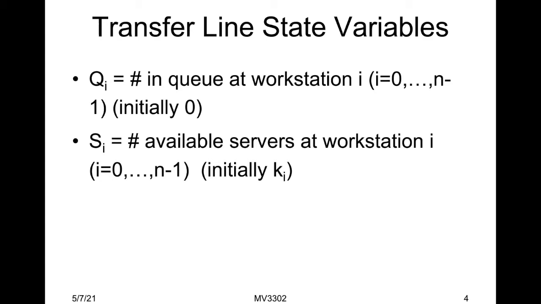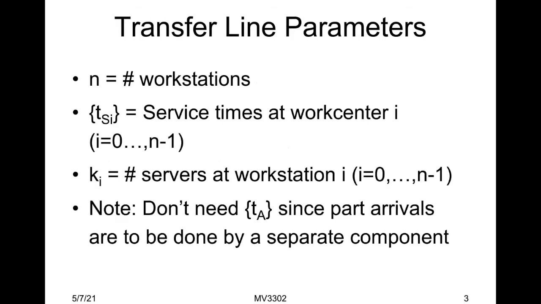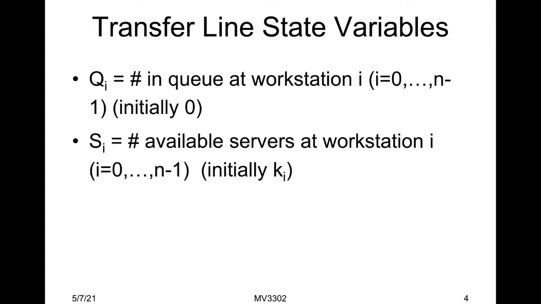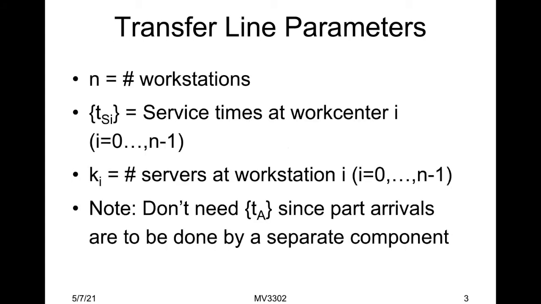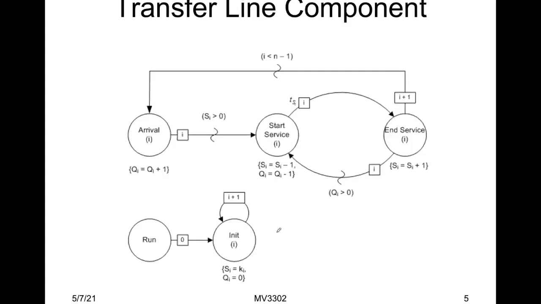Okay, so the parameters and the state variables are both identical to what we did yesterday, with the exception of not having the T sub A. That's the one exception. And it looks like this.